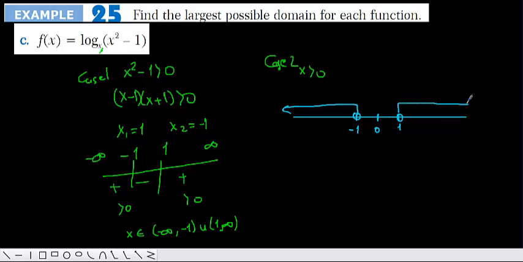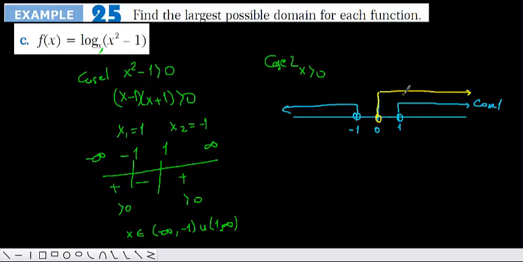And the second one is the second case. Here x is greater than 0, so it's going to be to this side.